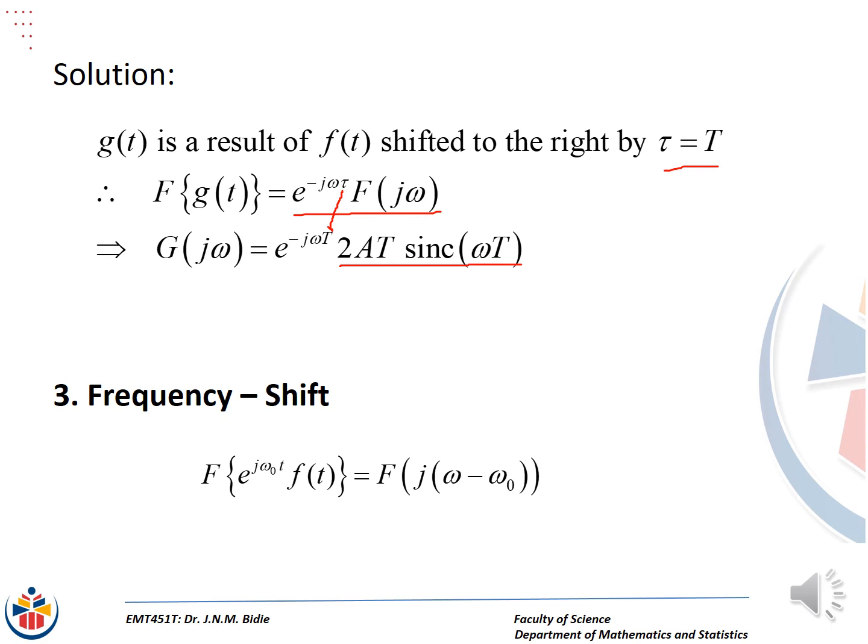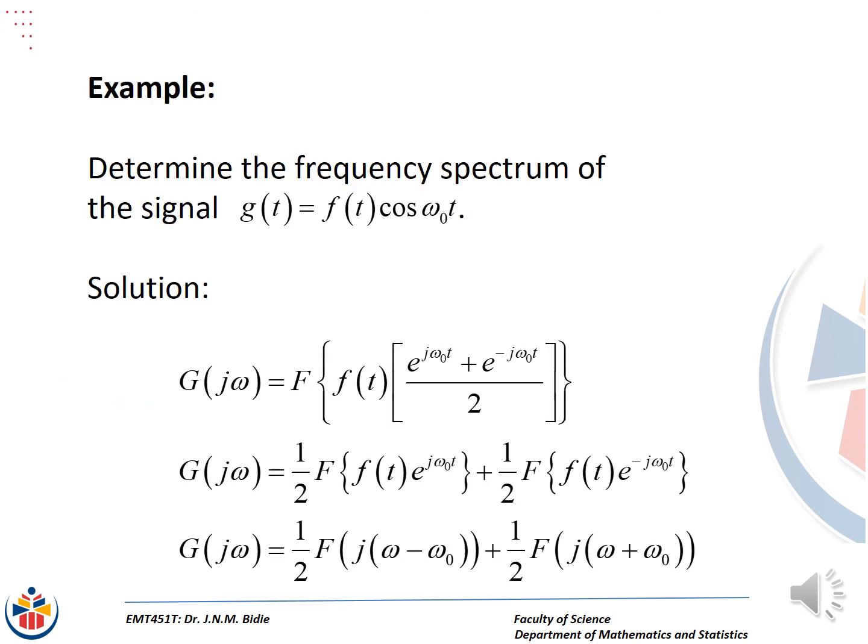And then we have the frequency shift. The Fourier transform of e to the power j omega naught t times f(t) is equal to F(j(omega minus omega naught)). Let's quickly do an example. We are asked to find the frequency spectrum. Remember, the frequency spectrum is the Fourier transform of the given signal.